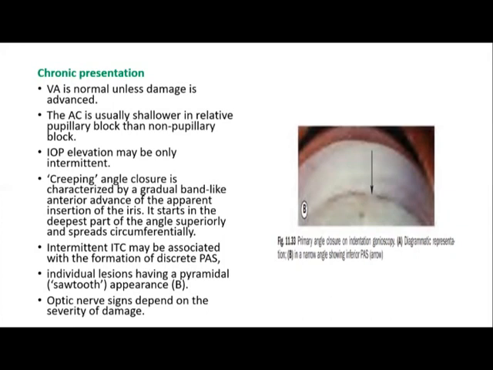The intermittent iridotrabecular contact may be associated with the formation of discrete peripheral anterior synechiae, individual lesions having a pyramidal sawtooth appearance. In this picture, we can see primary angle closure on gonioscopy, a narrow angle showing inferior peripheral anterior synechiae. The optic nerve signs depend upon the severity of the damage.